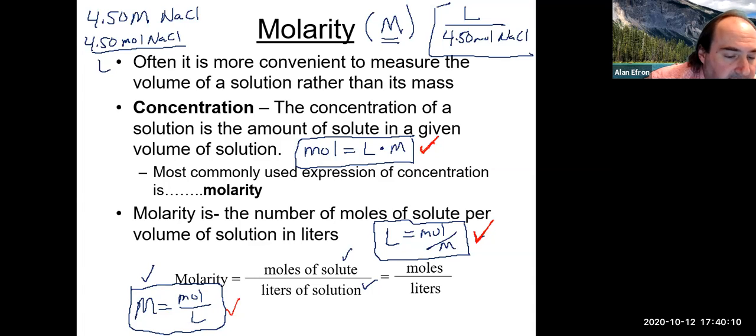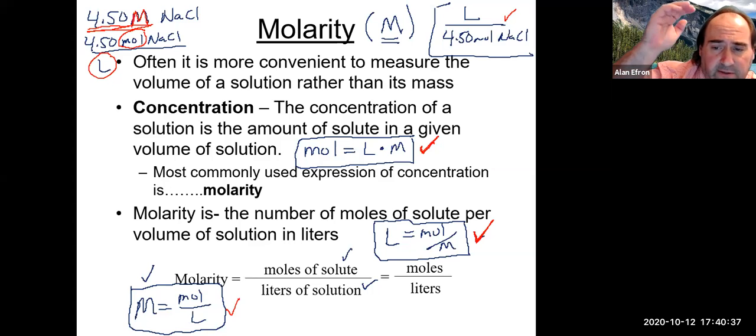As we also talked about last time, molarity is sometimes abbreviated like this, 4.5 big M. And when you see that big M, it really does represent these two units, moles per liter. The number always stays with the moles part, and it's always 1 liter. You could think of it like a conversion factor. You could flip it around like we talked about here as well and use the liters on top, the moles on the bottom.